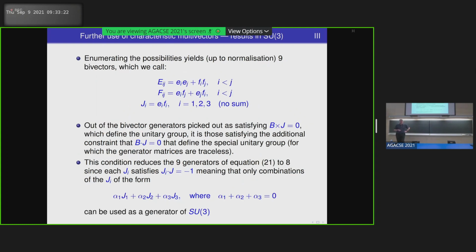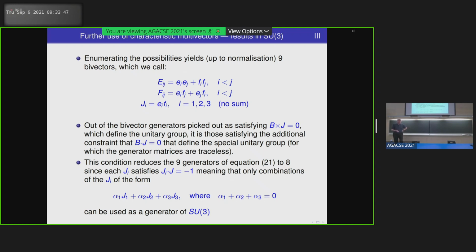And if you look at all the possibilities for bivectors which commute with that J, you find these are the possibilities. You find that there's a set E_ij, big E_ij, which work like this: E_ij plus F_i F_j, i less than j. Then you get some Fs, which work like this. You have EF combinations.